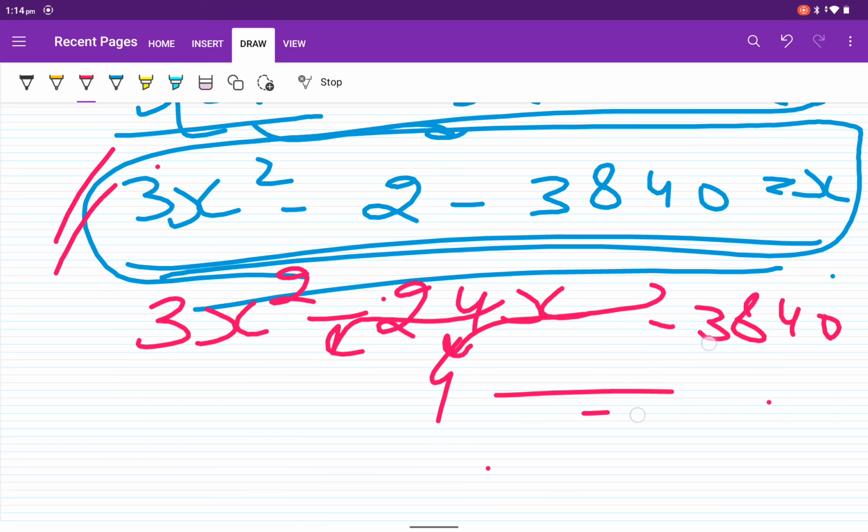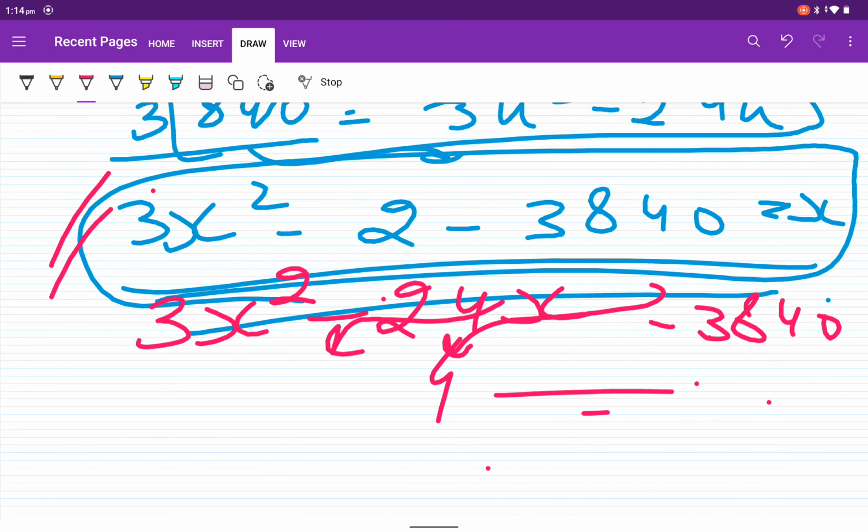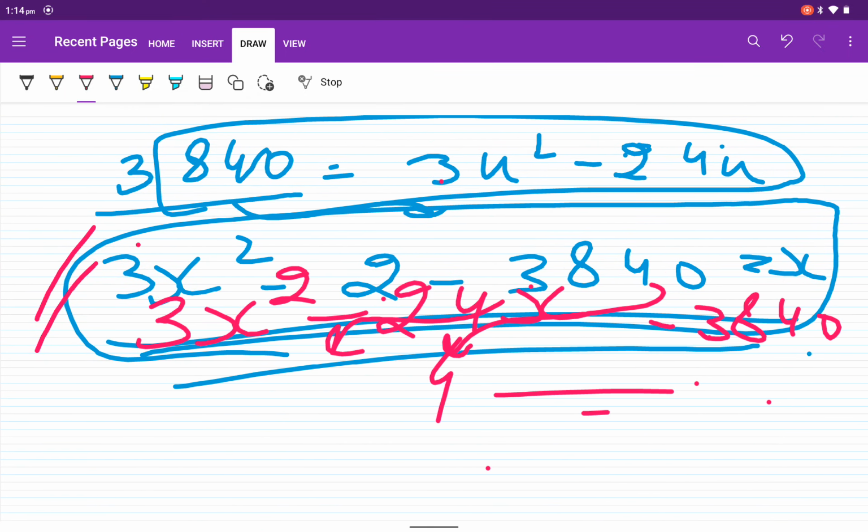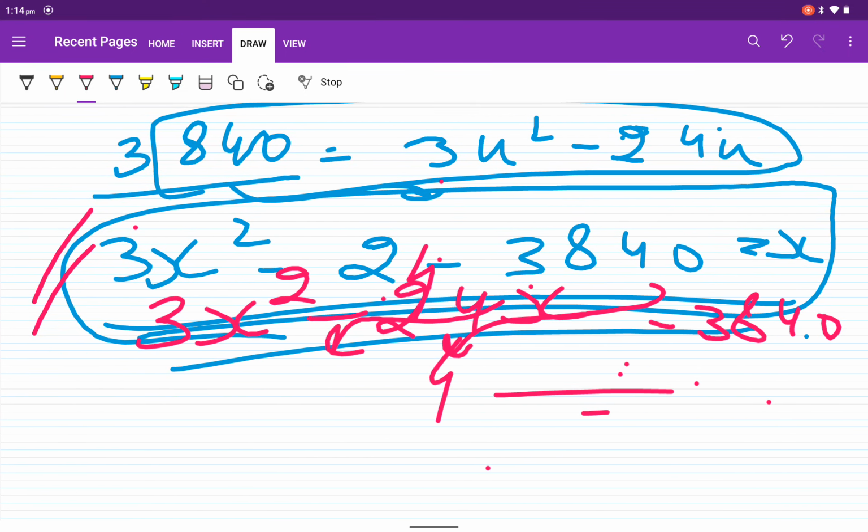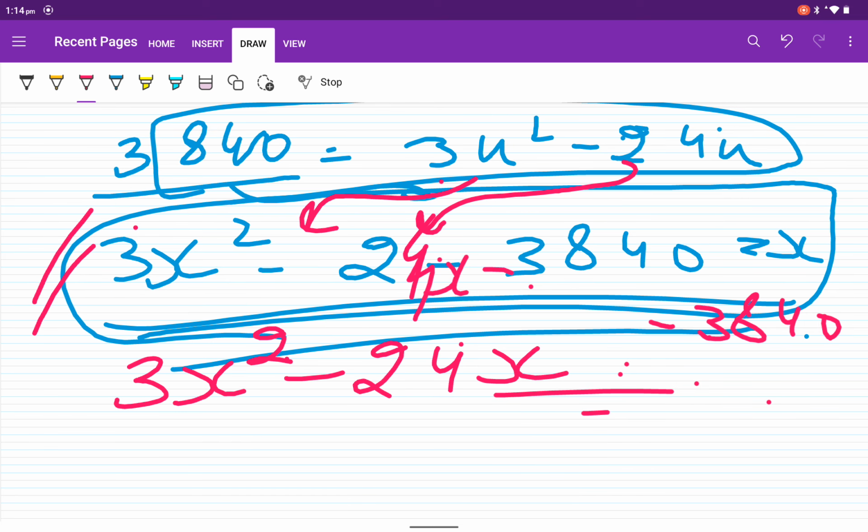This would be your equation, which is there. So this is your equation.